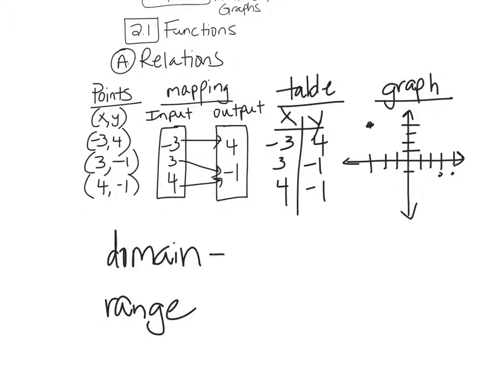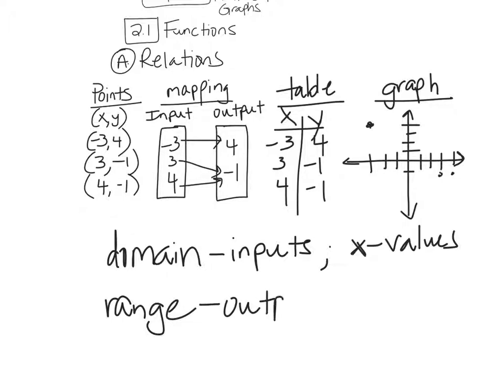Domain are the inputs, which are the X values. Domain are the inputs or the x values, and the range are the outputs or the y values. The domain is independent, and the range is dependent.